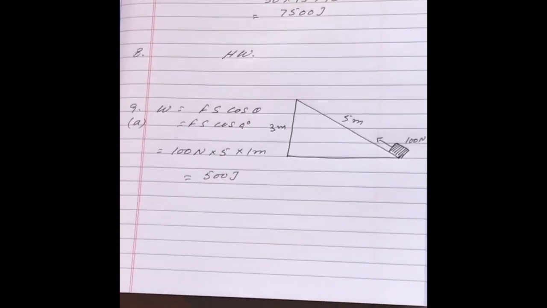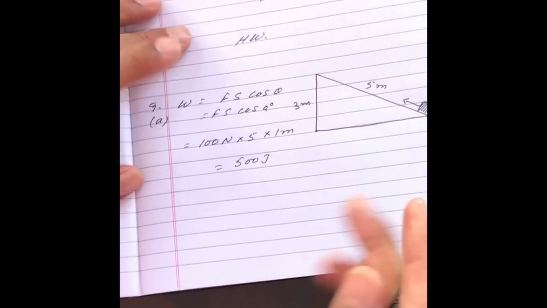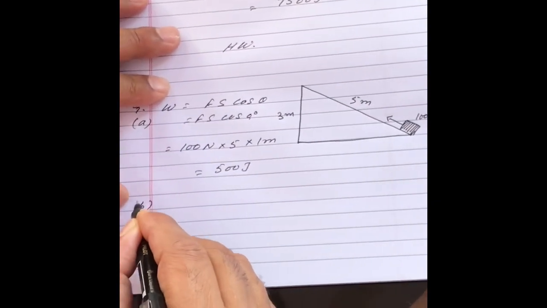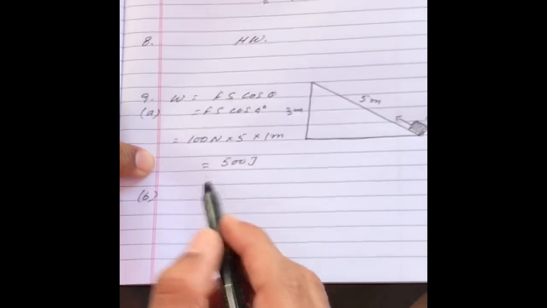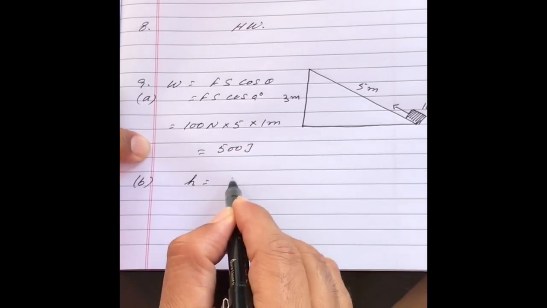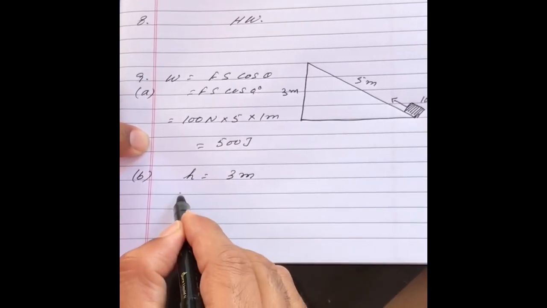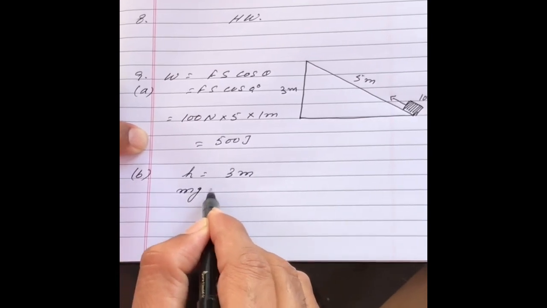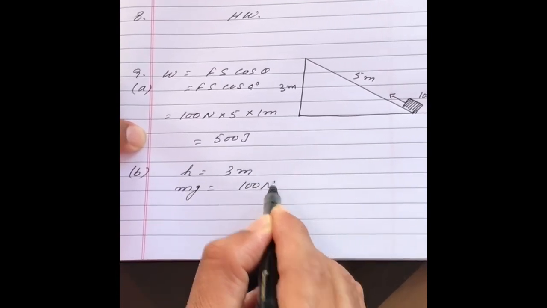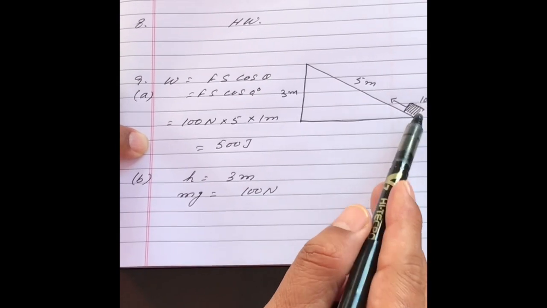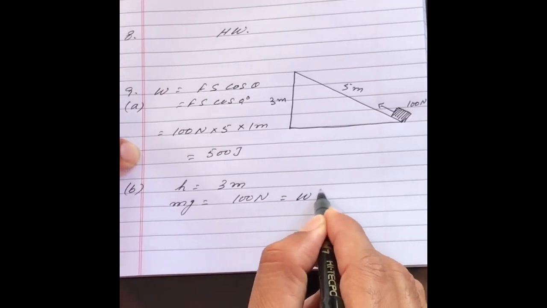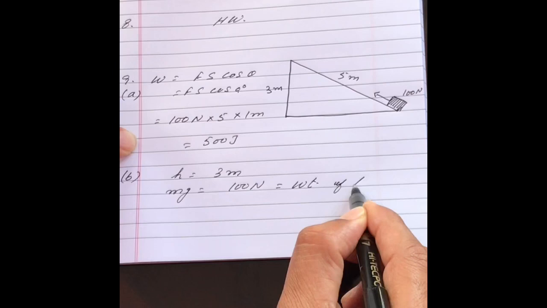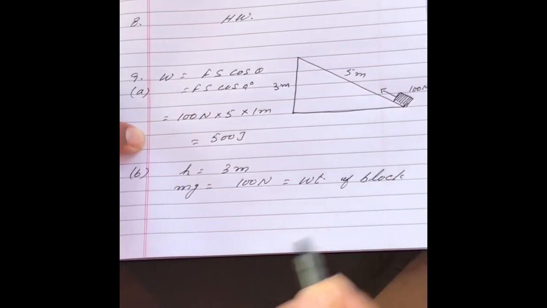Second, what is the increase in potential energy of the block? Part B. Now the block gains height 3 meter. mg is 100 Newton, because 100 Newton is the weight of the block, that is given.